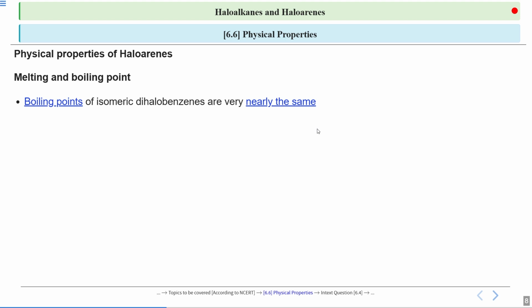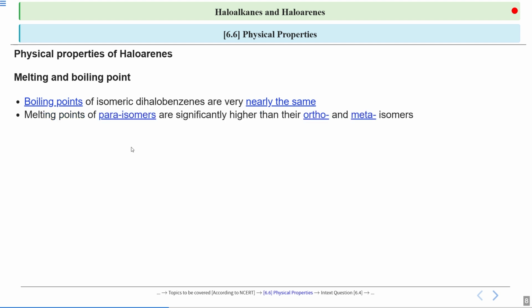Basically, the molecules which have a benzene ring attached with 2 halogens, if you arrange them isomerically in different structures, their boiling points are very nearly the same. They are different, but they are nearly the same.